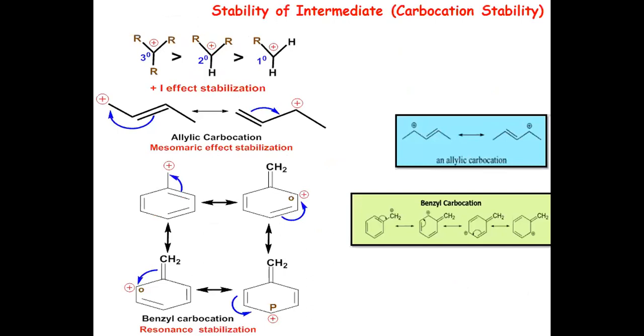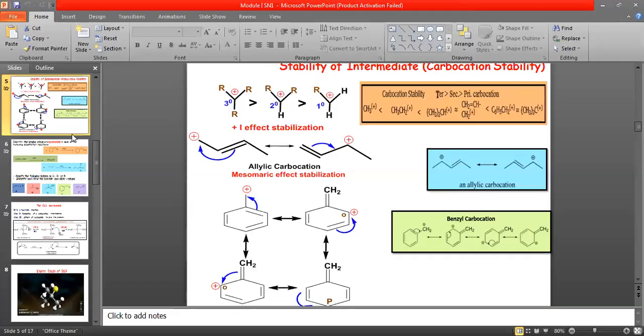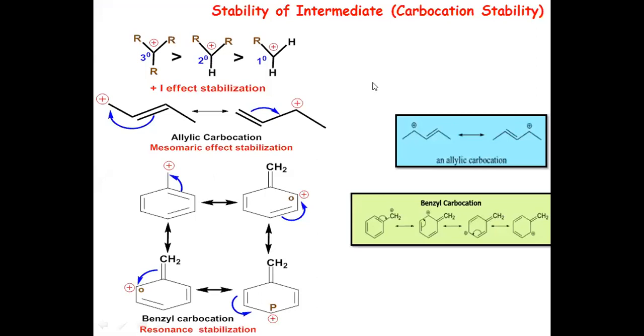Now, when we talk about some more basic things, we are supposed to understand them before we go for the mechanism of the SN1 reaction. So when we talk about SN1, we know that it is a two-step reaction, and here a carbocation is formed as an intermediate.